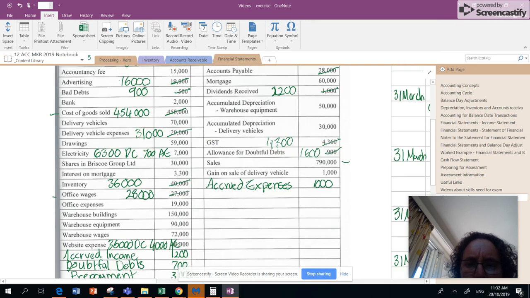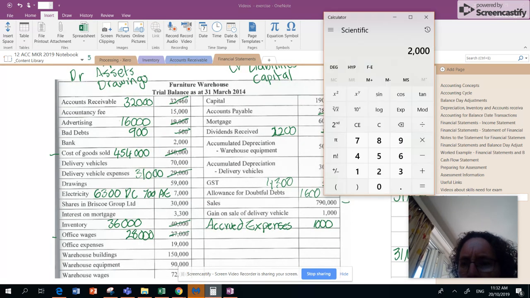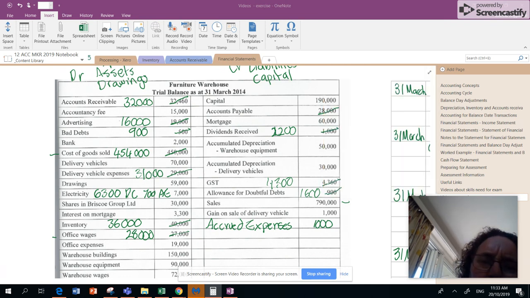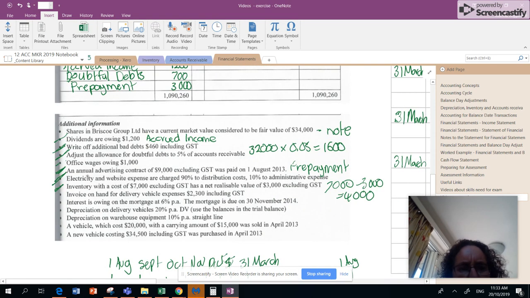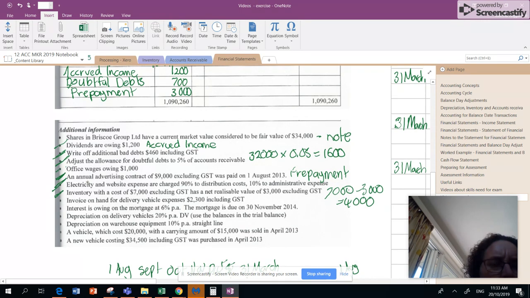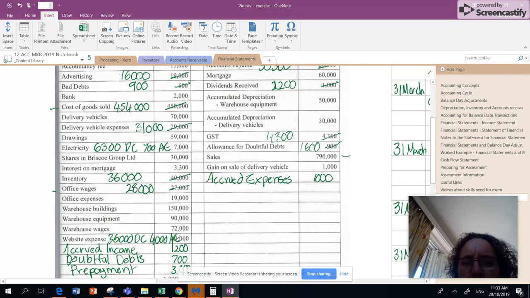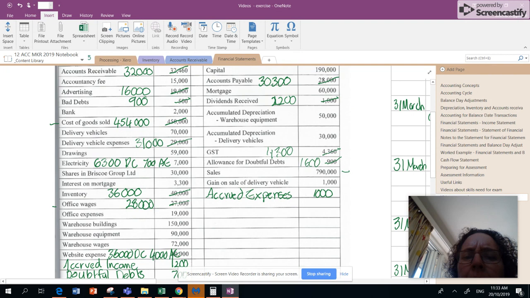Accounts payable, we just need the figure, 28,000 plus 2,300 is 30,300. And our GST needs to decrease by 300 as well. So we'll just have 4,000 in GST.